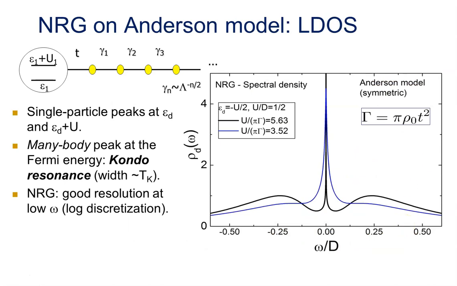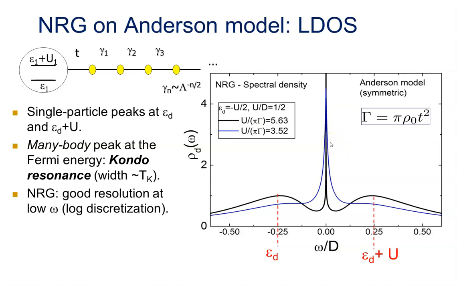This is an actual NRG calculation of the spectral function at the particle-hole symmetric point, for different values of U, and the width of the central peak is the Kondo resonance.